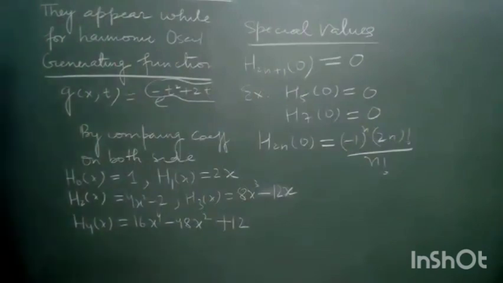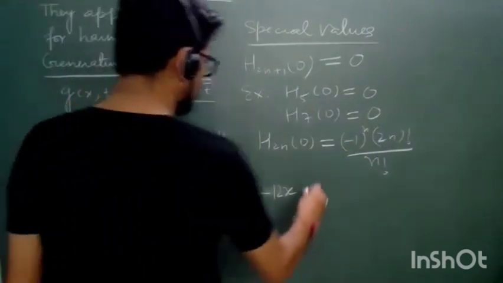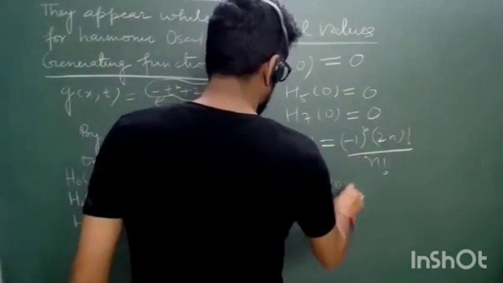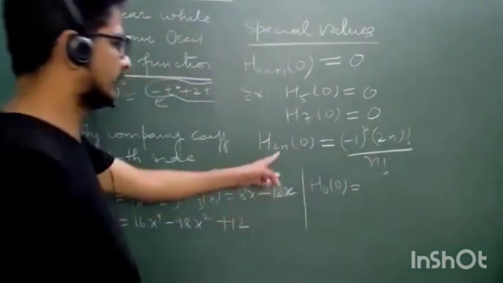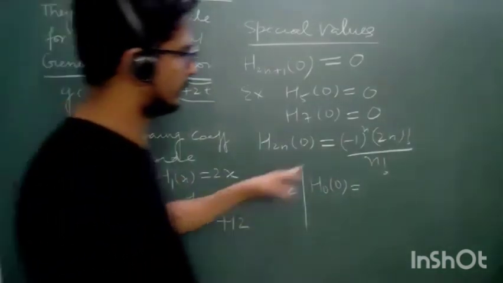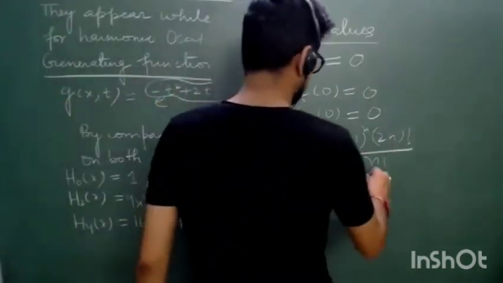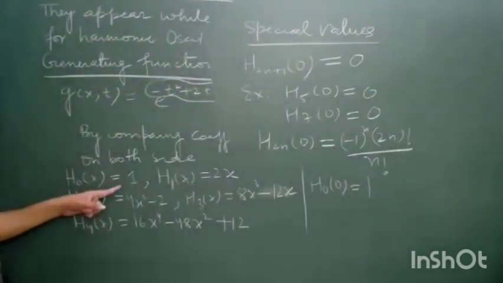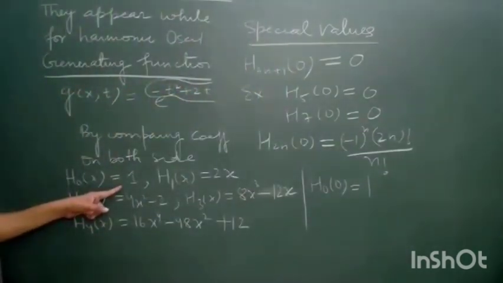So let us calculate this also. Like I want to calculate h0 at 0. So that means what is the value of n here? 0. So what I will get? 1. So you see, at x is equal to 0, it is 1.